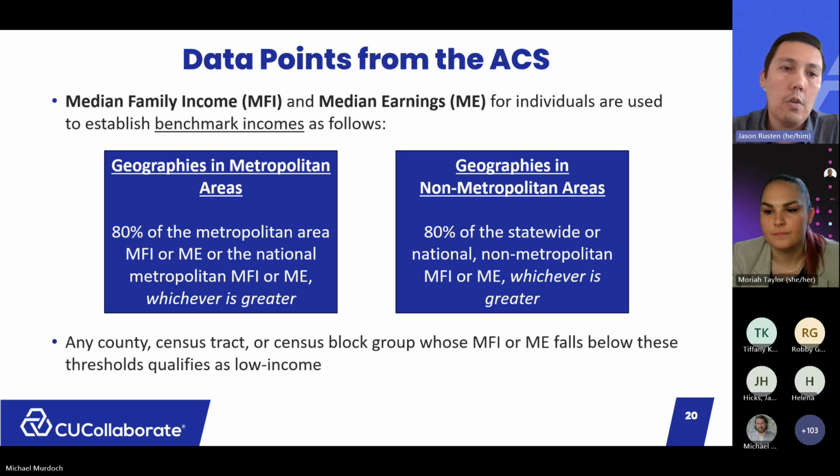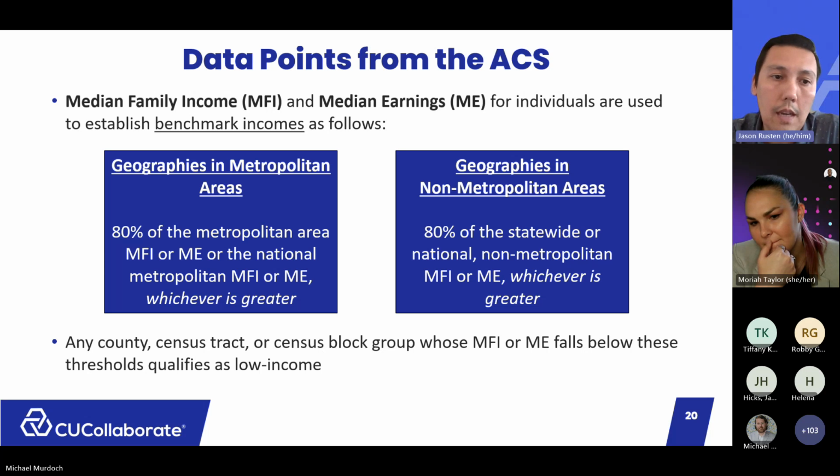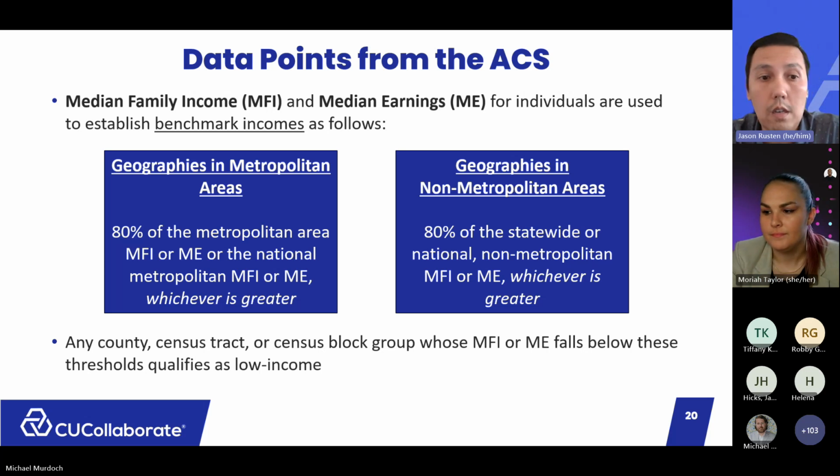If you are in a metropolitan area, the benchmark income is going to be 80% of the metropolitan area median family income or median earnings, or the national metropolitan median family income or median earnings. Whichever of those statistics is greater defines the benchmark, and anyone in any geography in a metro area with incomes 80% or below that benchmark is going to qualify as low income.